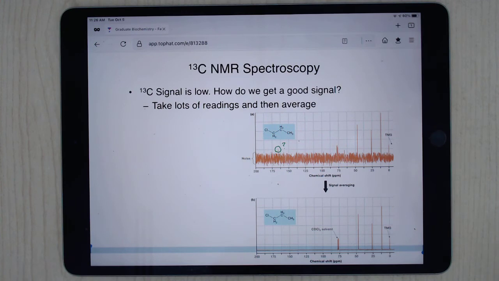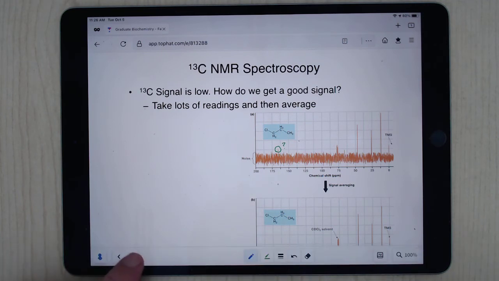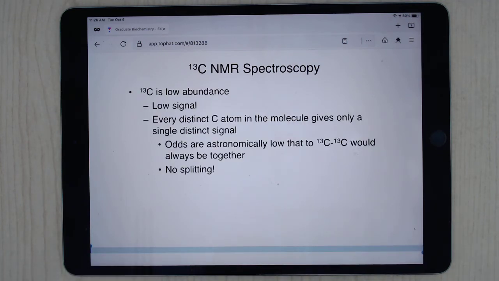Where there is supposed to be a signal, it's going to start to build up, and the baseline is going to be random, up and down, up and down, so it's going to average out to 0. So you have to take many scans, and these carbon NMRs can take 6-8 hours to run, because you need so many scans.